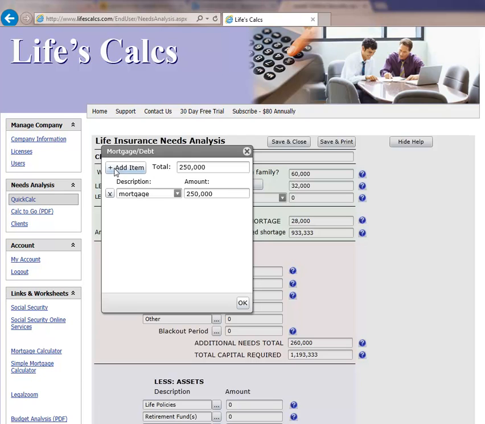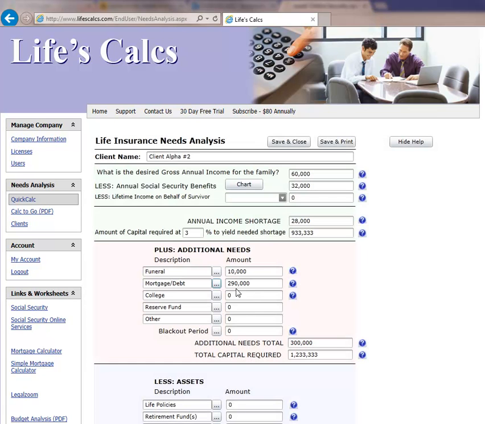And he actually has a second on the home that he took out for some remodeling or something, for another $40,000. And so he has a total need of $290,000, which you've itemized. And then he might want to put in some other debt, or not.